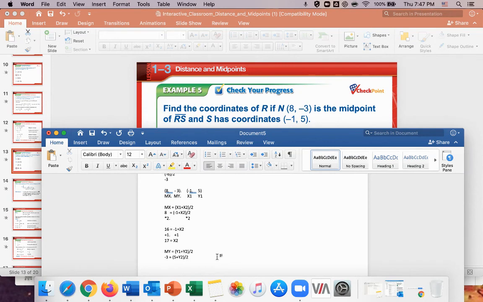The first thing we do is multiply by 2 on both sides to get rid of that divided by 2. So that's going to be negative 6 equals 5 plus y2. Then subtract 5 on both sides.